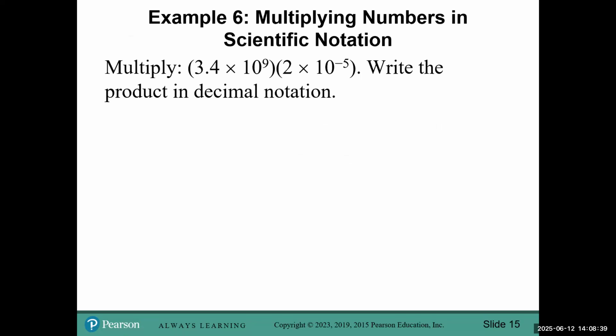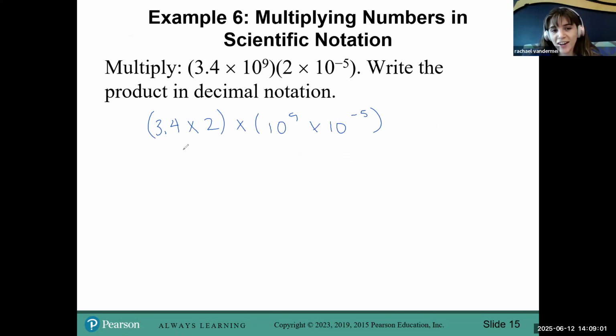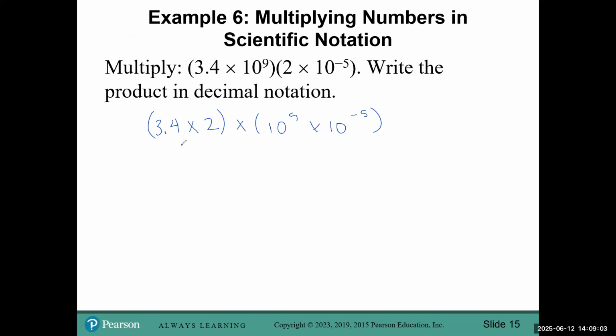This one doesn't cause a problem. So this one I would just do the number part, so 3.4, I mean, they're all number parts, but the decimal number parts. And then I'm going to do times 10 to the ninth times 10 to the negative fifth. And then 3.4 times 2 gives me what? Is it 6.4, right? 6.8, yep. Oh, 6.8.